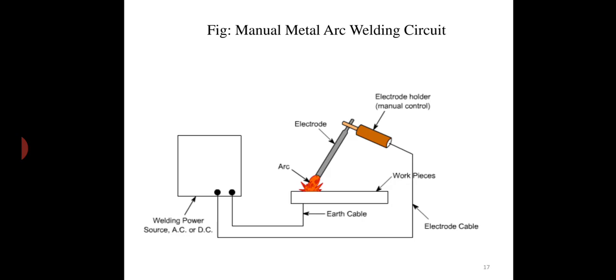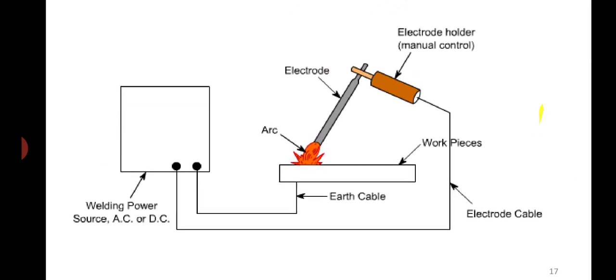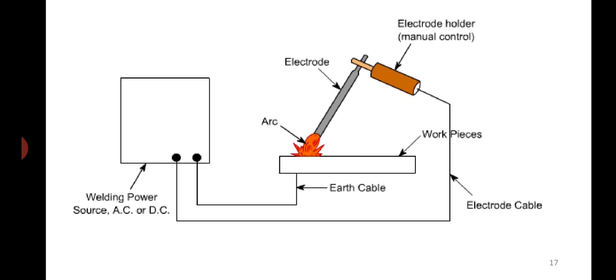This is a manual metal arc welding circuit, where you can see on the left side the welding power source, which can be AC or DC. One earth cable will be connected to the workpiece or the surface of the work table, and the main power source, the positive power, will be connected to your electrode holder or the electrode.